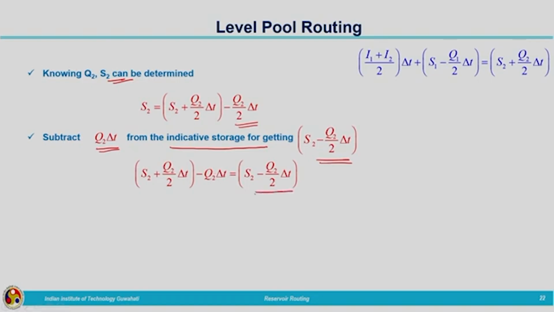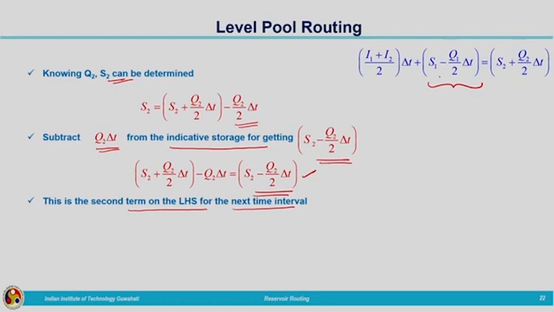S2 minus Q2 by 2 delta T. So, by subtracting Q2 delta T from the indicative storage, we get the value corresponding to S2 minus Q2 by 2 delta T. This is the second term on the LHS for the next time interval, and it is calculated here. This second term is known to us, and I1 plus I2 by 2 for all the times are known to us. So, we know the left hand side.